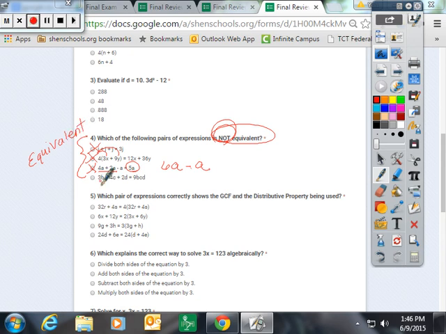So let me tell you why this one is not an equivalent expression. 3b plus 4c plus 2d. This is the simplified version of this because I cannot add b's, c's, or d's. I don't know what the b's are, I don't know what the c's are, and I don't know what the d's are, so that has to stay that way.